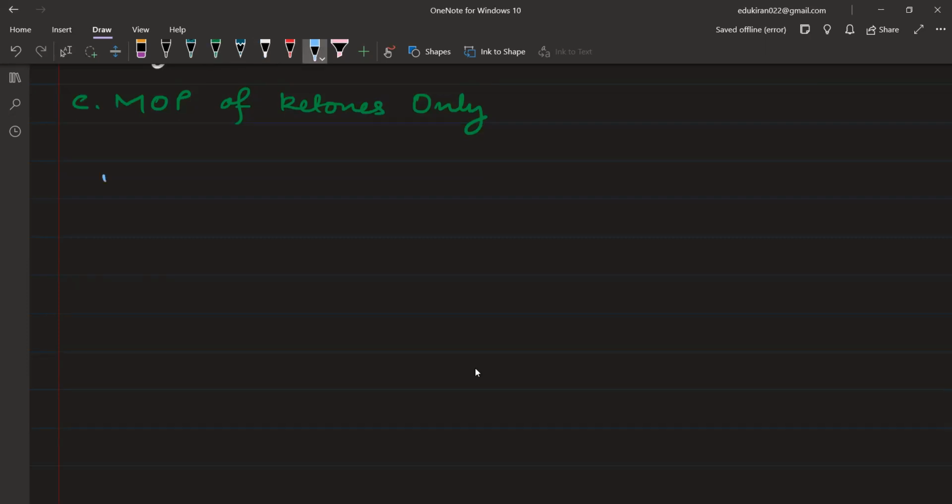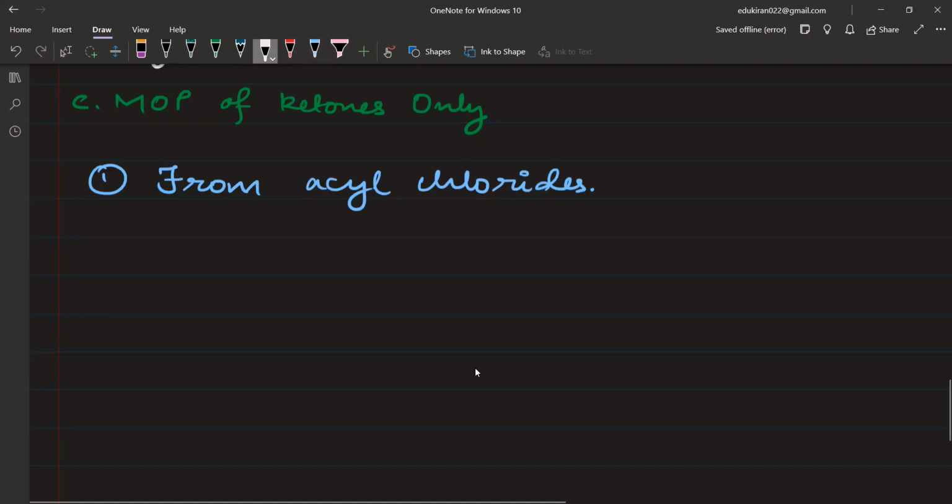Number 1. From acyl chlorides. Write the statement.